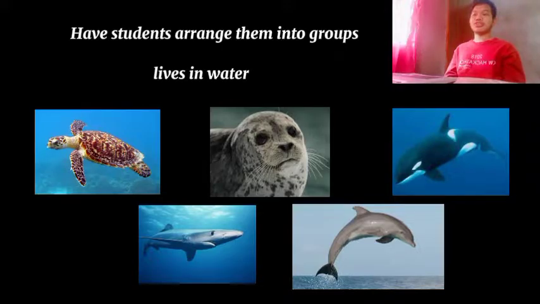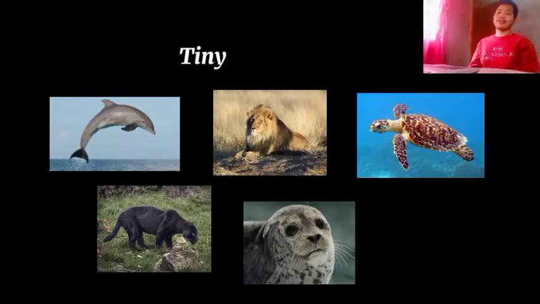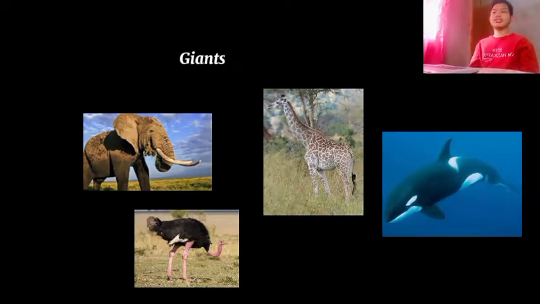The students will decide what they should do in order to organize them and know where these different species are located. And third, have them label them. After grouping the animals, the students will label them and determine their sizes.